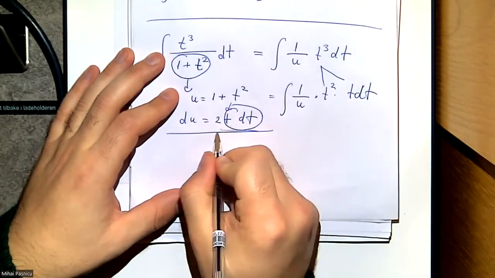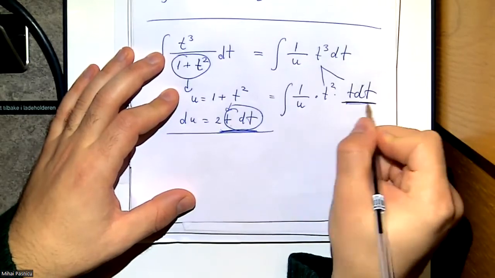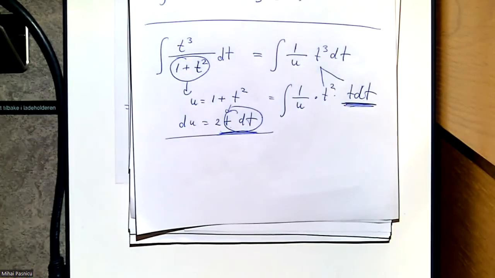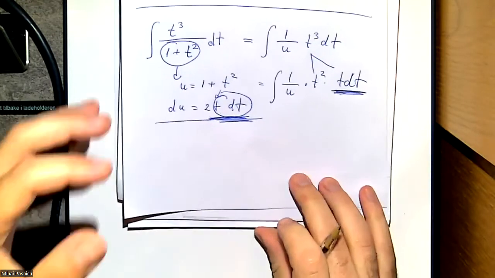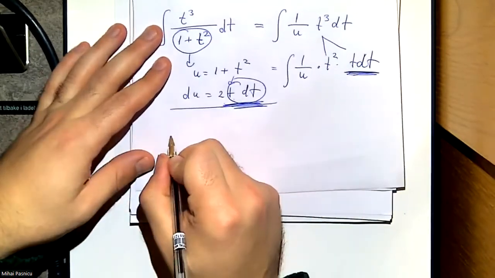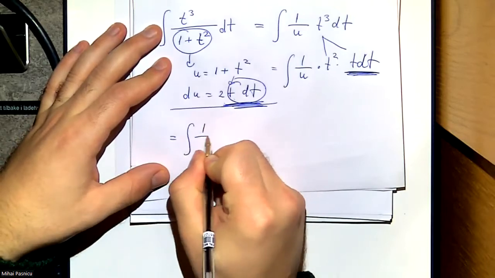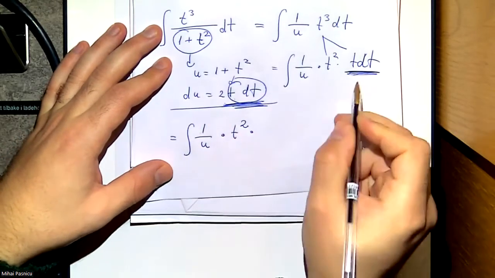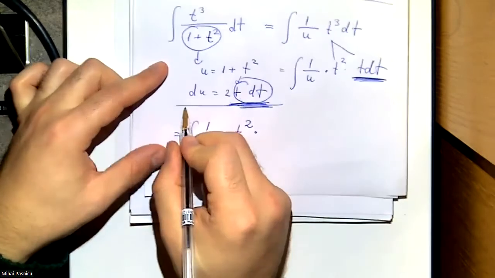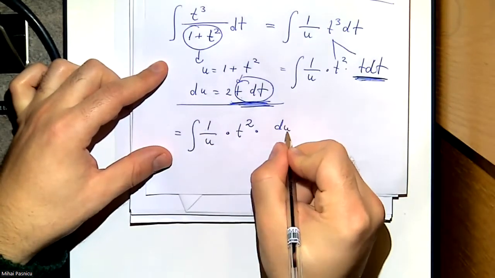Because I noticed there's a t dt here, so I created my own t dt here. And again, same logic as before, I can write this as the integral of 1 over u times t squared and t dt. This is just du over 2.